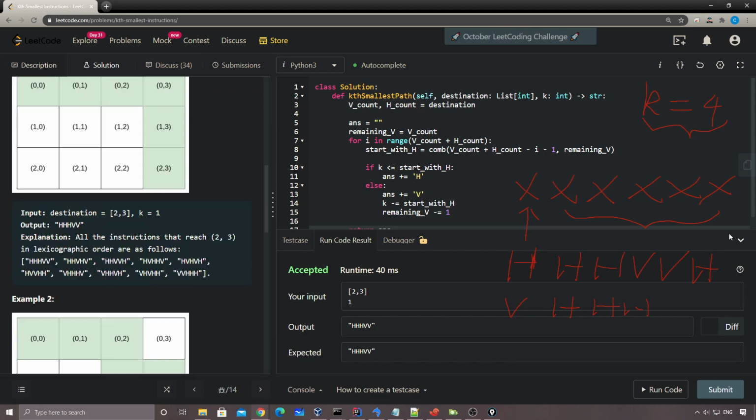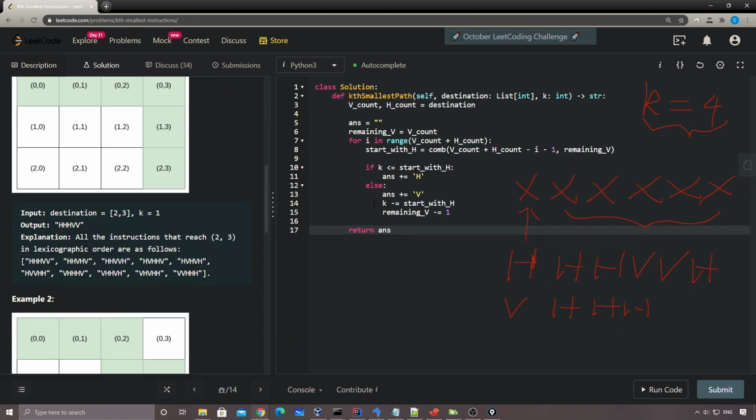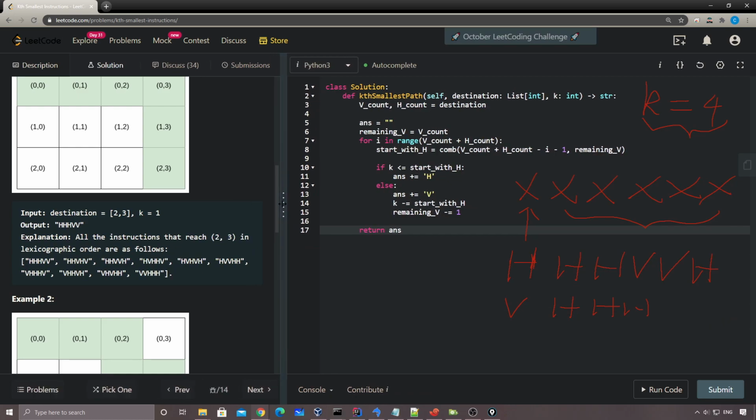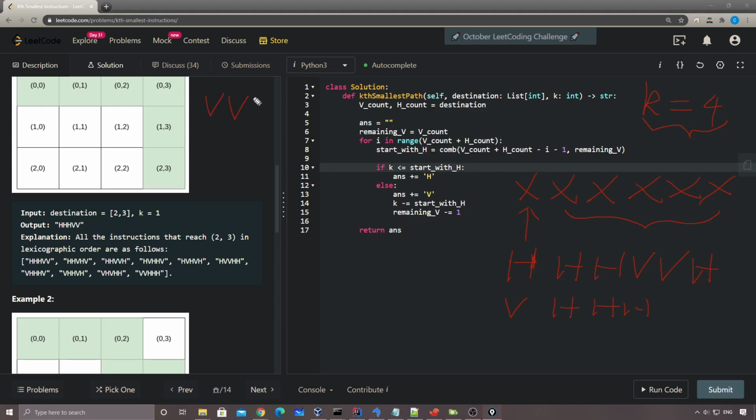All right, cool. I mean, as you guys can see here, what if the k is very big? If k is so big, ideally we all know it's going to be V V V and H H H, right?